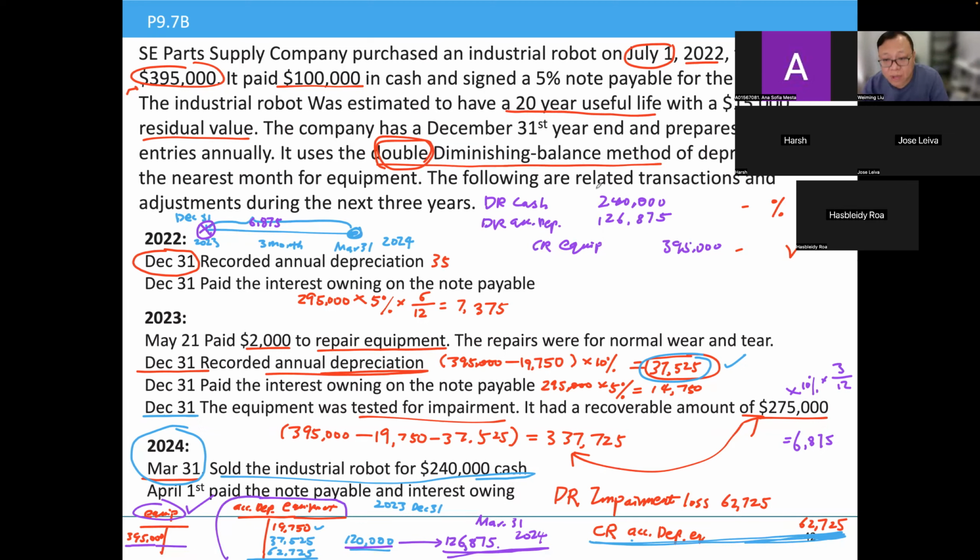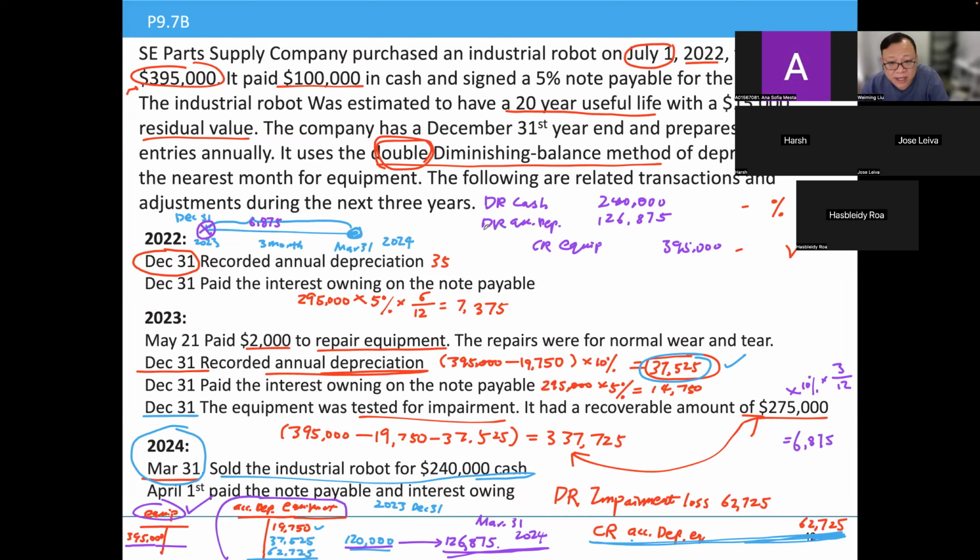The total debit, adding these two numbers, is 366,875, but my total credit is 395,000. So there is more credit, and in order to keep it balanced, I need additional debit.